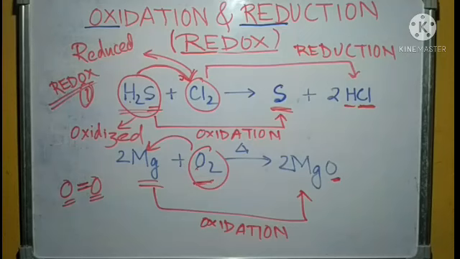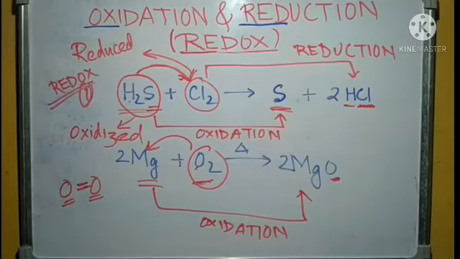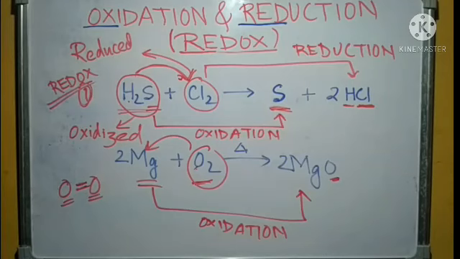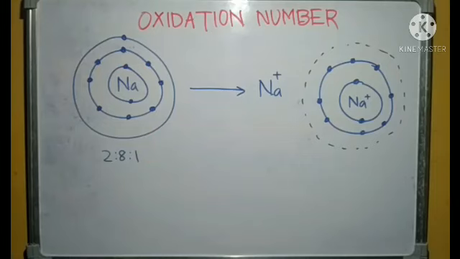But there is a small portion related to oxidation and reduction or redox reactions, that is oxidation number. Oxidation number is associated with all the elements, so we will look at what this oxidation number actually means.